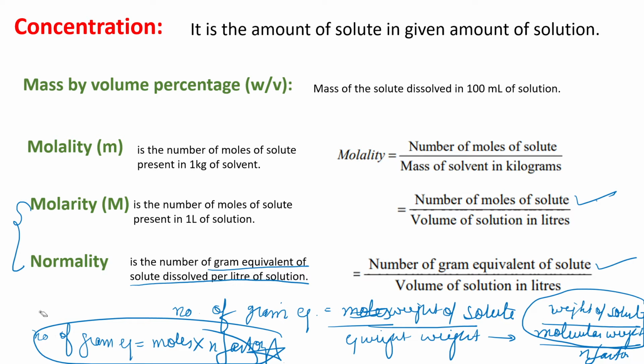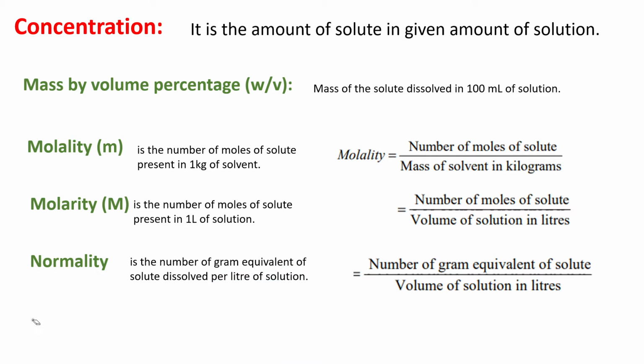Now we can say that molarity and normality are interrelated. Normality is equal to number of gram equivalents, which we defined as moles into n factor, divided by volume of solution in liter.